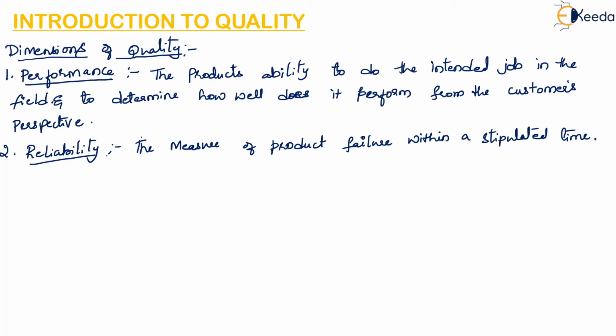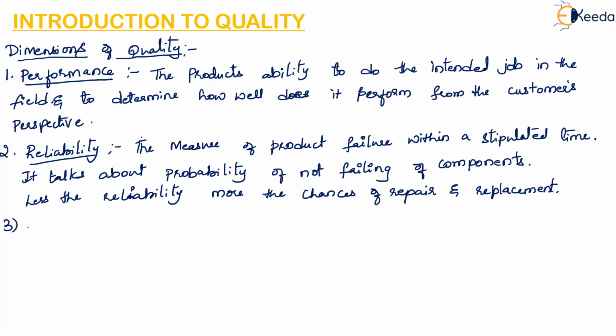If the reliability is less, then the chances of repair and replacement are more. So if you want to have a good quality product, then it should have greater reliability, that it should not fail often, it should not go for repair again and again.